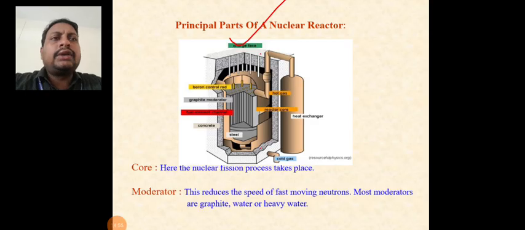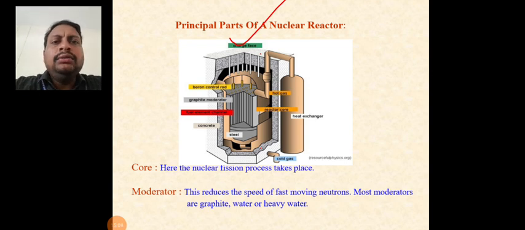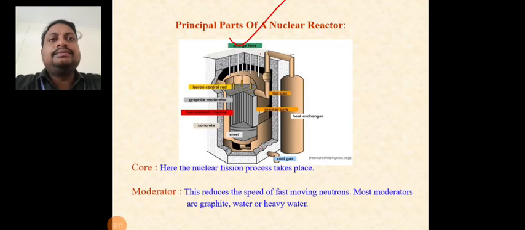By using a moderator it will be slowed down to 2.2 into 10 to the power of 3 meters per second. So the moderator is used for reducing the speed of the neutrons, whereas the control rod controls the rate of reaction.